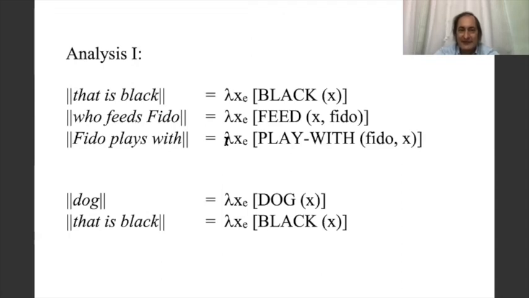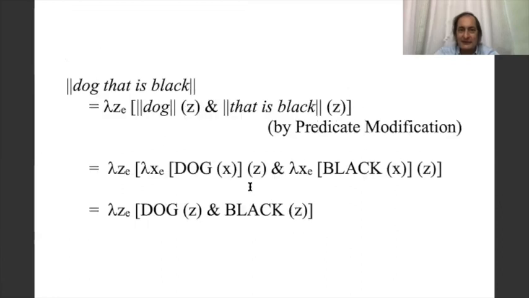We could give a second analysis exactly parallel to this analysis for black. The only difference is, in place of black here, we would put "Fido plays with," plays with Fido X here. Instead of black X here, we would put, what was the other one? "Who feeds Fido": feeds X Fido.